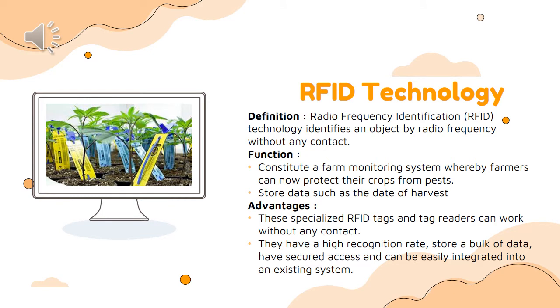The second last is RFID technology. RFID is radio frequency identification, which identifies an object by radio frequency without any contact. This sensor provides information that can be associated with farming goods.